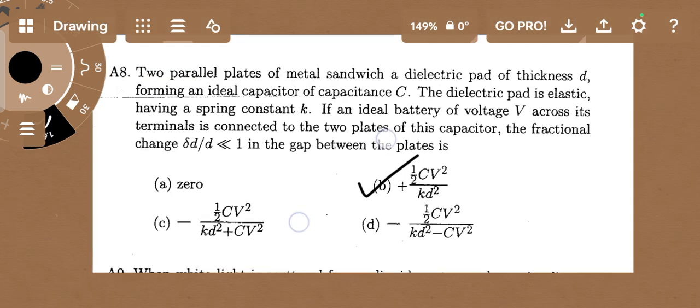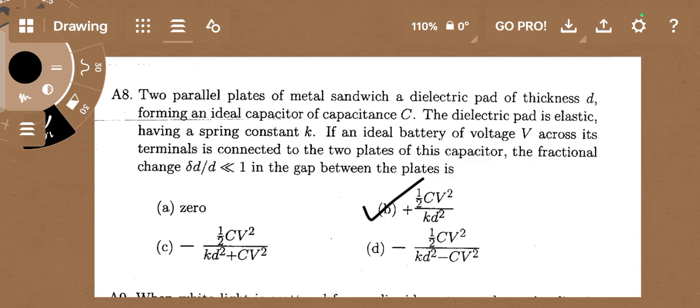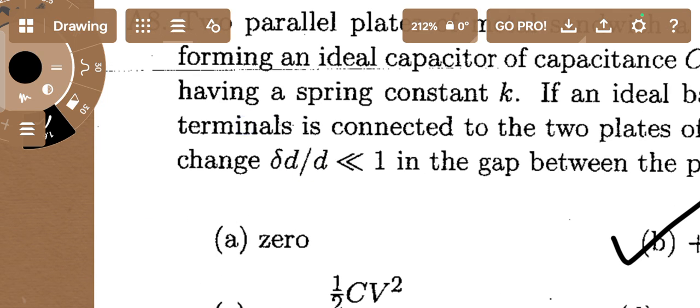Also a very crude assumption regarding this problem. When I saw this problem, the first thing that struck my mind is that the differential change between the plates cannot be negative. I mean the plates cannot cross each other. At most it will be 0, but it will not cross each other. So the negative options can be cancelled, and it cannot be 0 also, right?